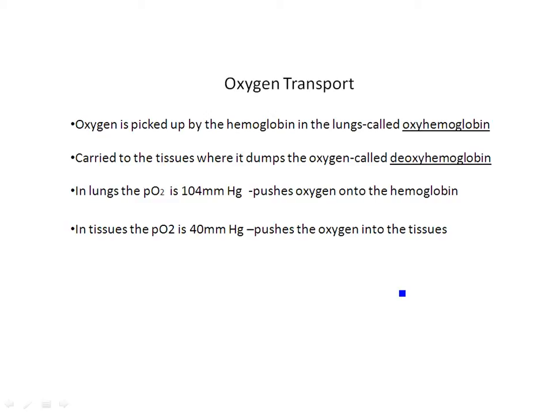It's up almost to 160 millimeters of mercury. So that's going to push the oxygen from the atmosphere onto the hemoglobin molecule. Then when you get out into the tissues, your tissue oxygen pressure is only about 40 millimeters of mercury. And so you've got this higher pressure that's going to push it from the hemoglobin molecule out into the tissues. Don't get hung up on all that, but just know that it's diffusion pressures, and that's how we move the oxygen around.